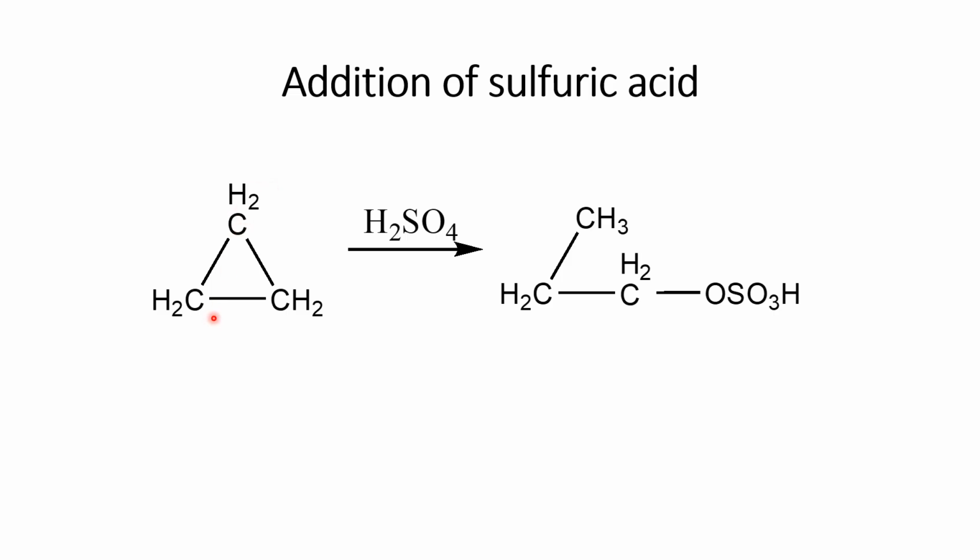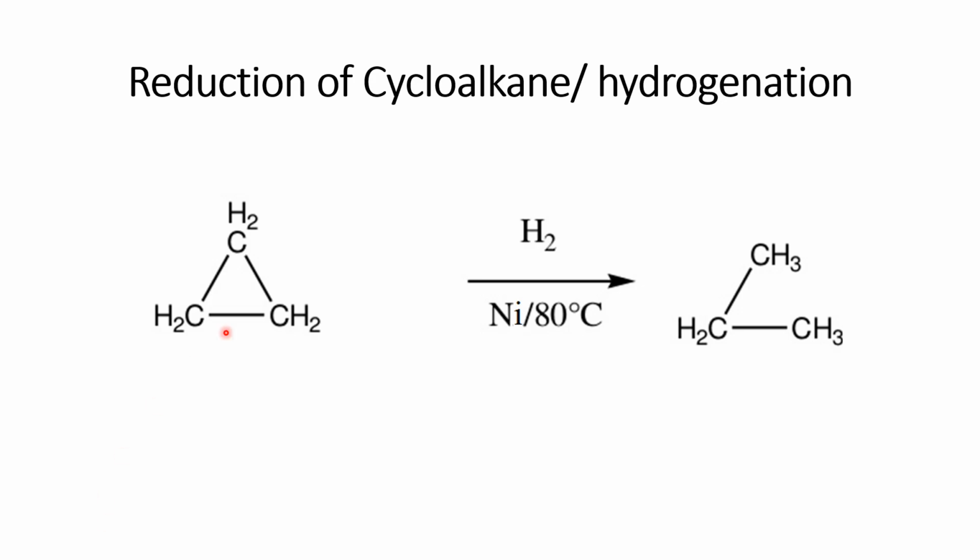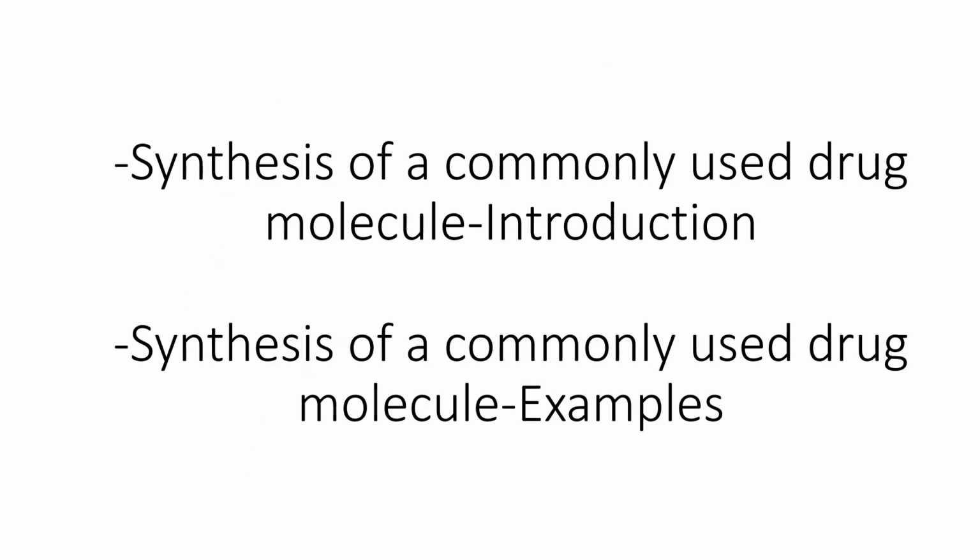So CH3, CH2, CH2, HSO4. So it is propyl hydrogen sulfate. Then reduction of cyclopropane to alkane. When a molecule of H2 is added, the bond is broken here. So CH3, CH2, CH3. Normal propane is the product.